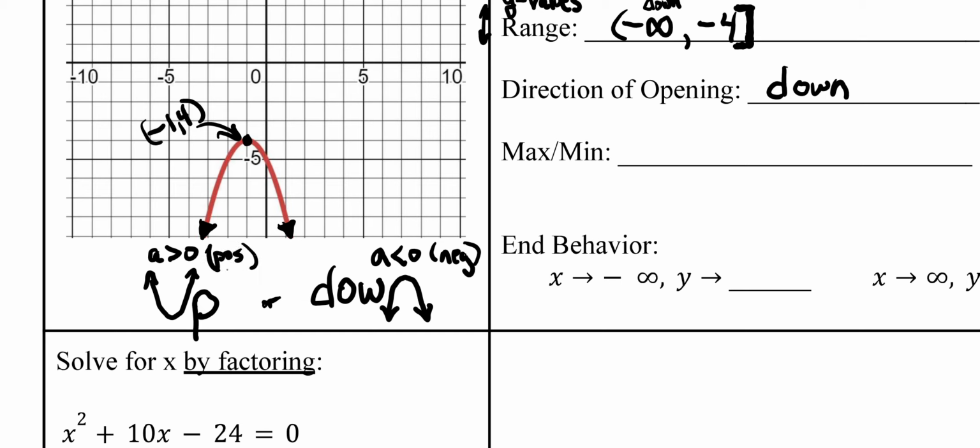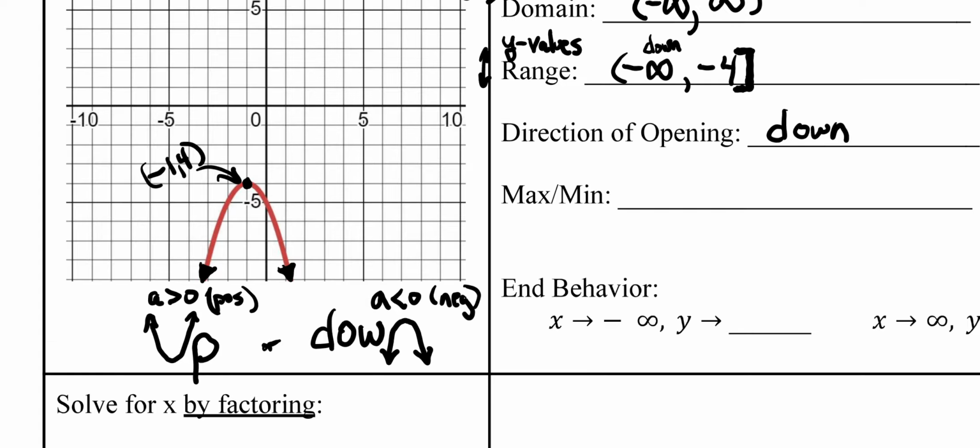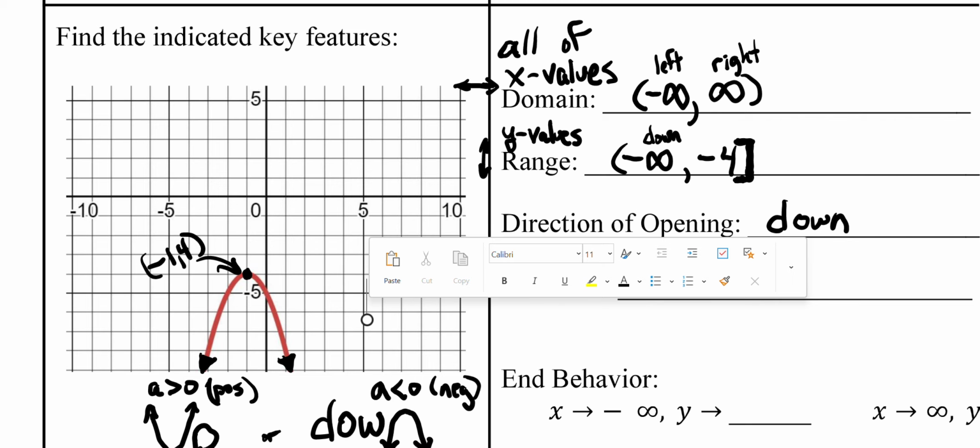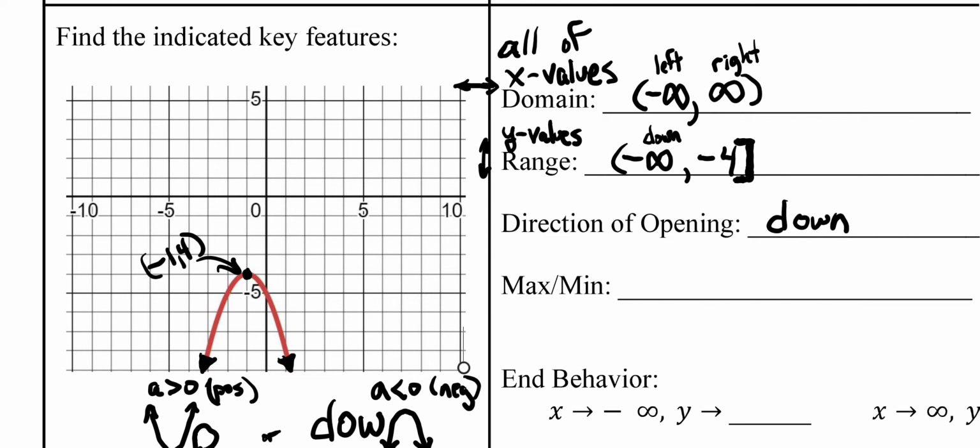So if it's positive, it's facing up. If it's negative, it's facing down. In this case, we're just seeing the graph, not the equation. But if we did, a would be negative. So it could be something like f of x equals negative x squared, plus whatever else it has on there. But the leading coefficient would be negative.